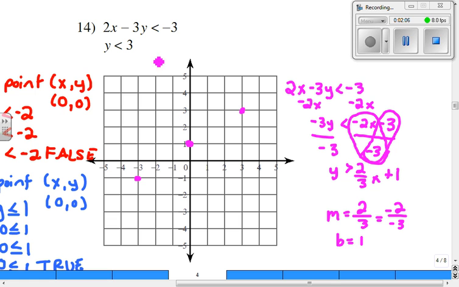Okay, in this case, I do not have the or equal to line. So that means I'm going to have a dashed line here. Dashed line.